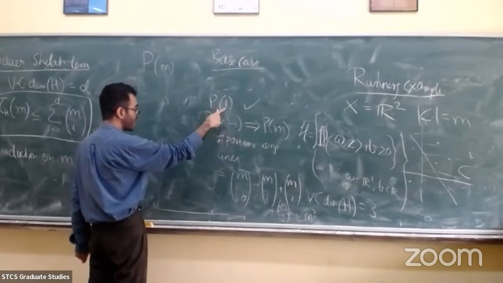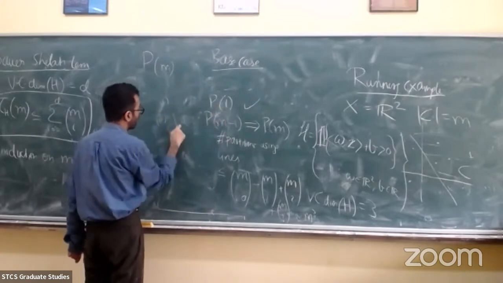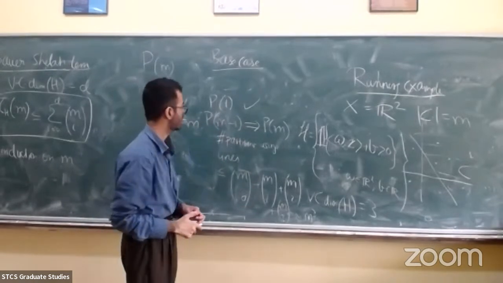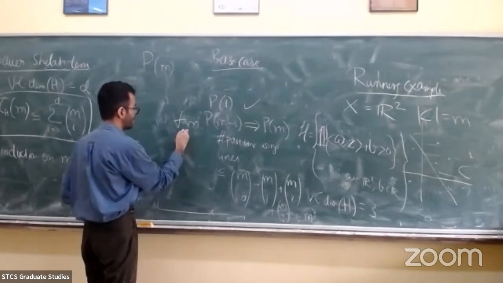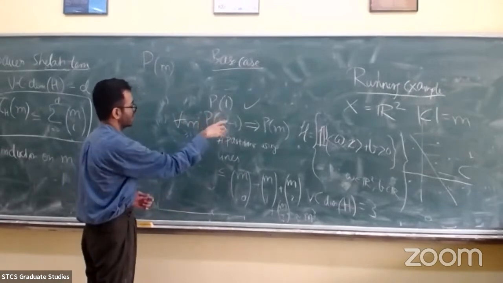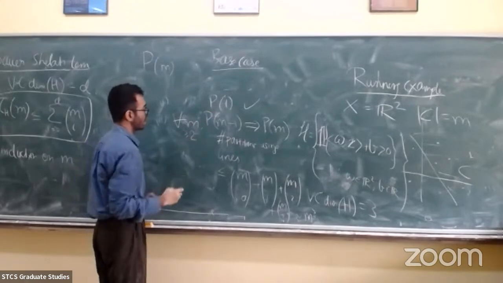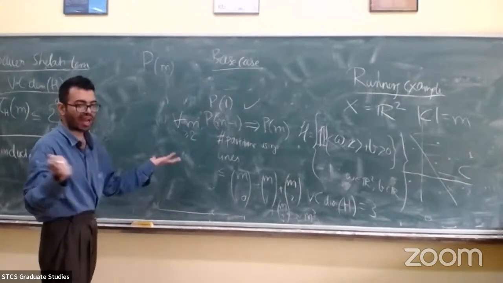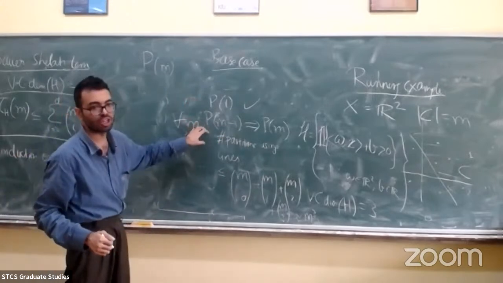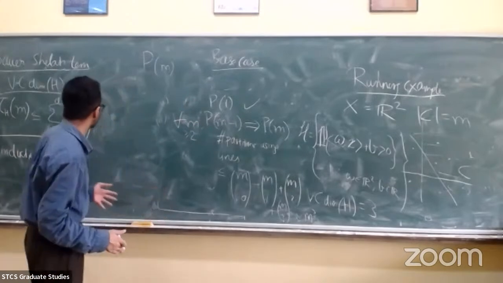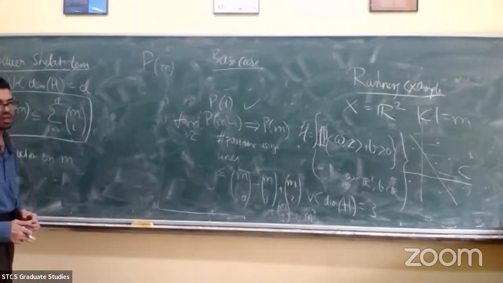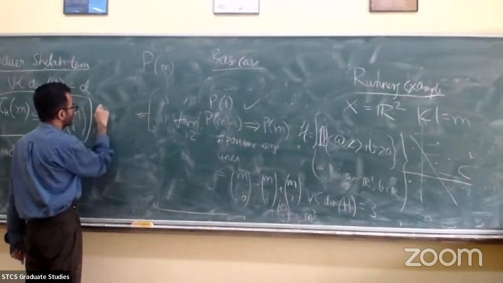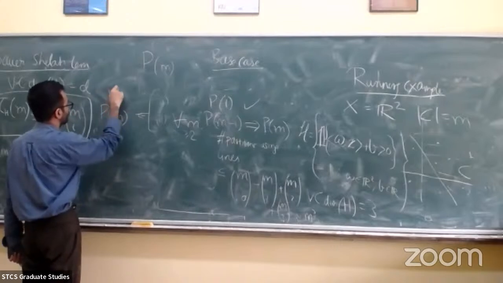For every m at least 2, P of m minus 1 implies P of m. And now I'm sure you can see that by combining these two, you can deduce that P of m is true for all m.